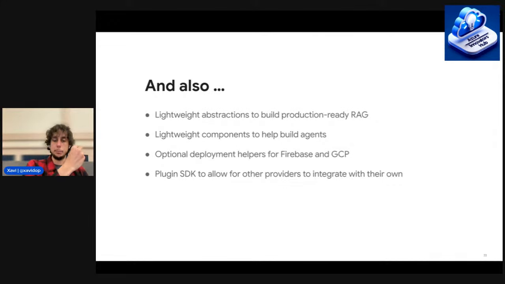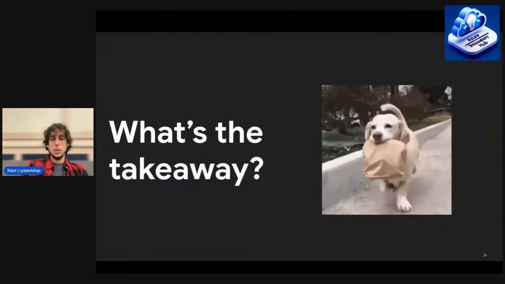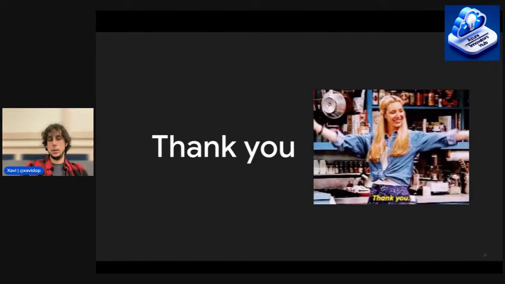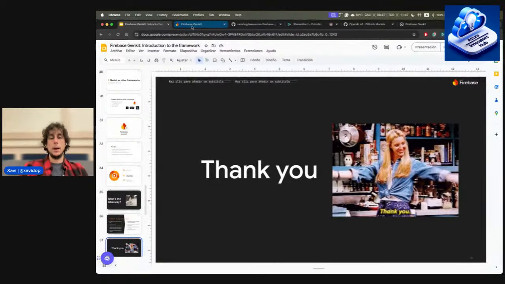You can go to the official GitHub and check what's going on there, contribute, and all that stuff. So yeah, available in TypeScript, Go, and Python pretty soon. This is basically what I wanted to show you today.